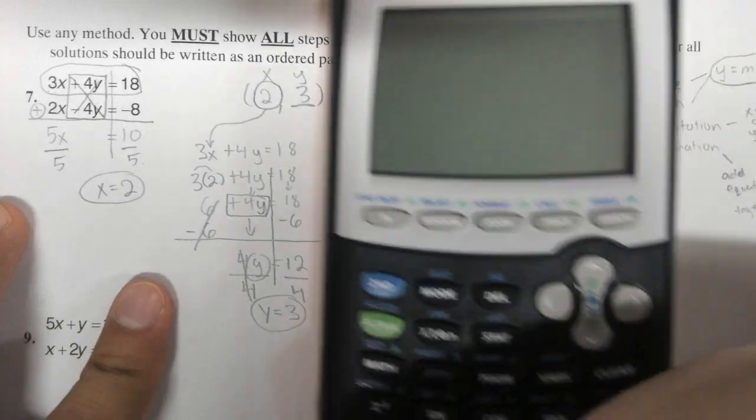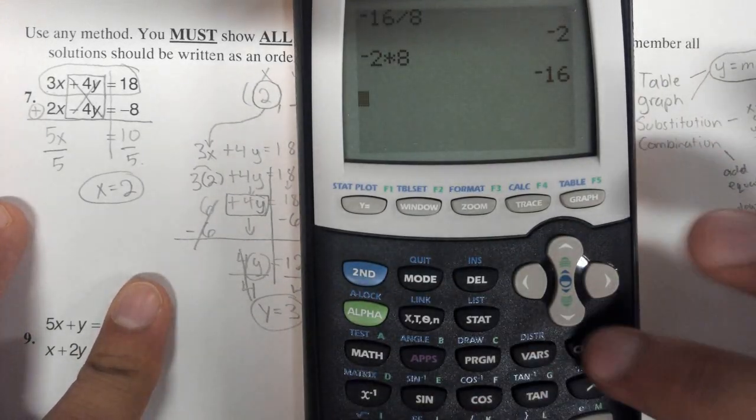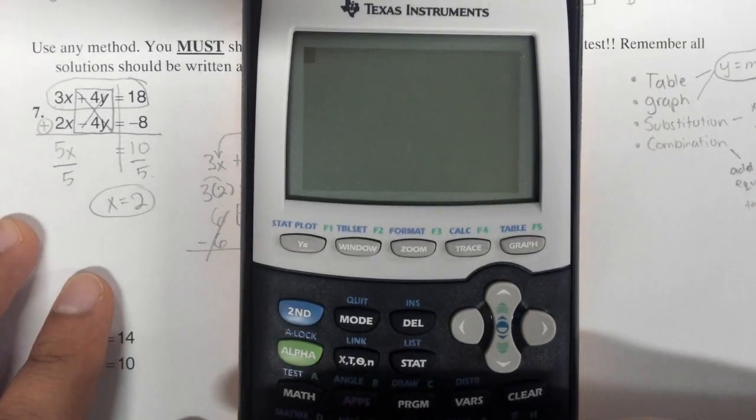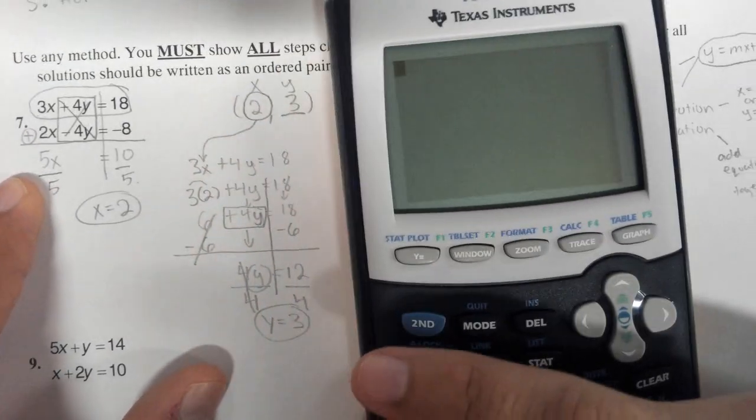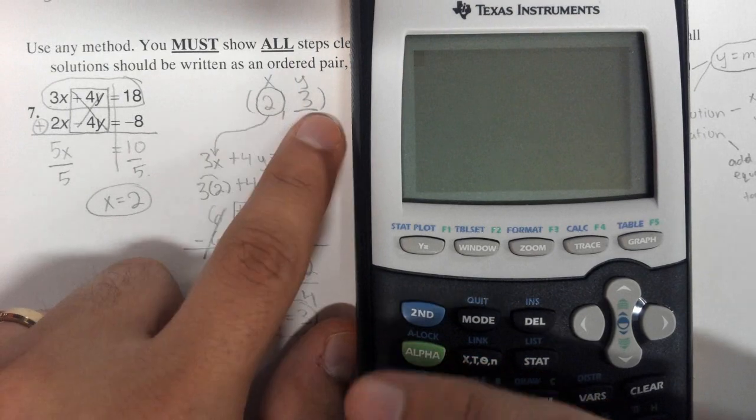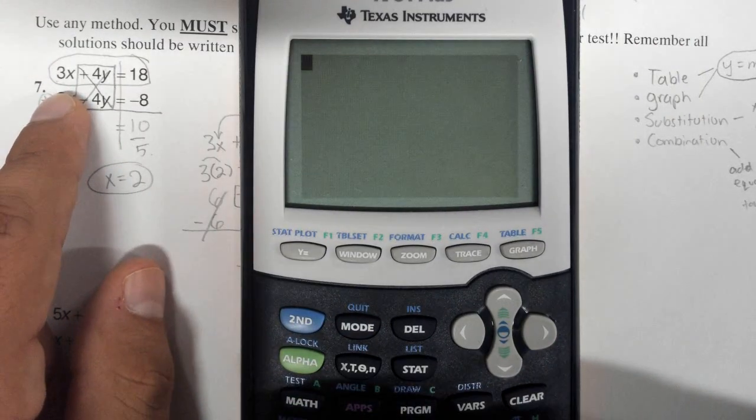And then your teacher should have shown you how you can go in and check. It's a good idea to check just because on your test, these are worth quite a few points. So our solution was (2, 3). That means that x is 2, y is 3.